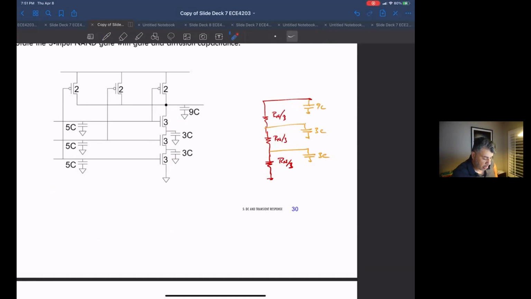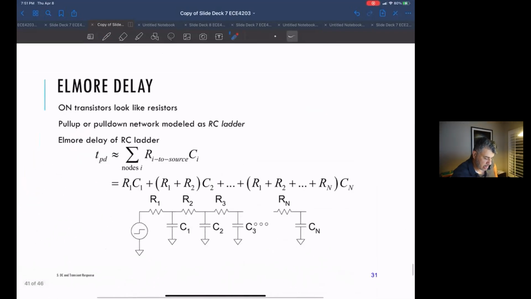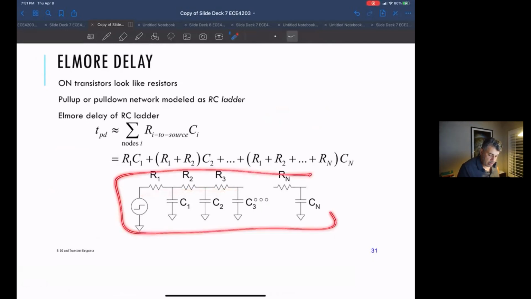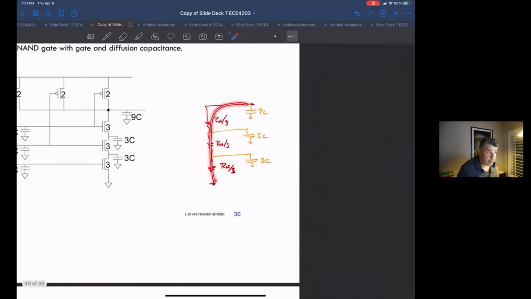Now there's this thing called Elmore delay, and I looked this up. I guess it's sort of a mathematical thing. Basically the idea is that if you have this type of RC ladder, look at this ladder, it looks a lot like our ladder here.